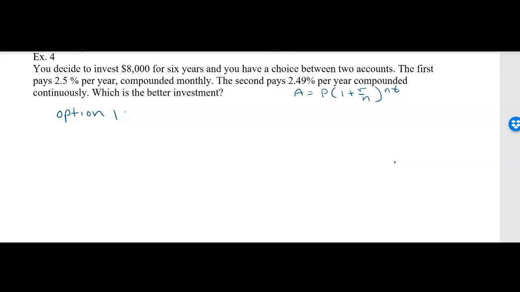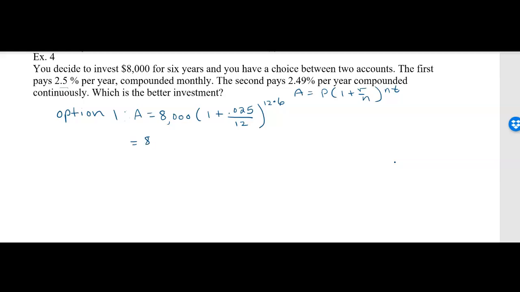Option 1, A equals, now you're going to invest $8,000 times 1 plus the rate, option 1 is 2.5%, so 0.025, compounded monthly, so that would be 12 times a year. And that would be 12 times, and it says that we're going to do this for 6 years.